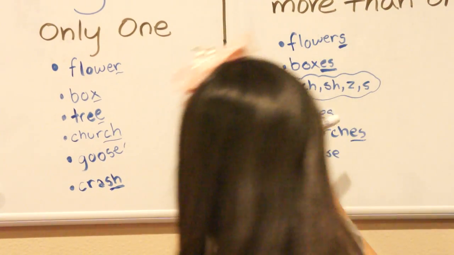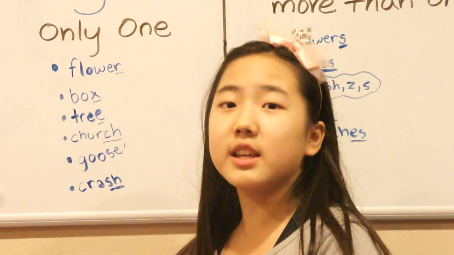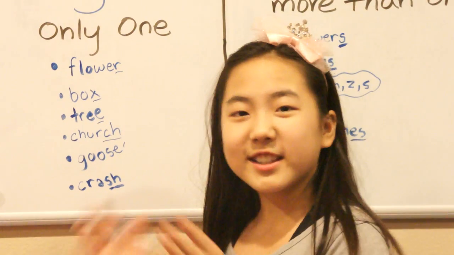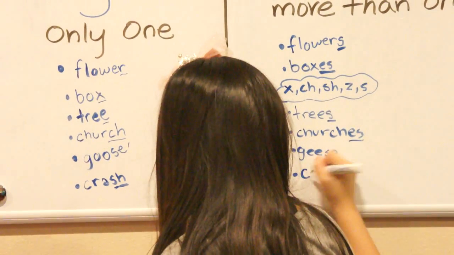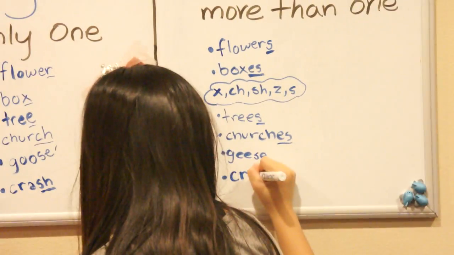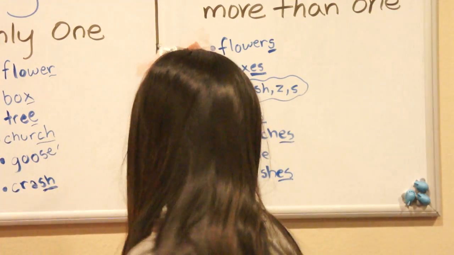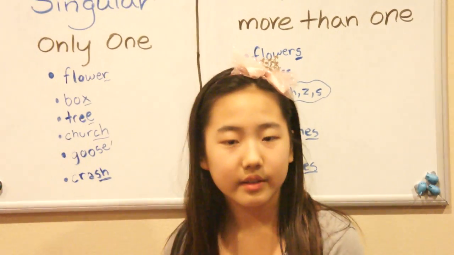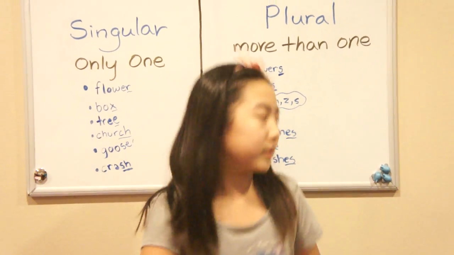So look at this list and tell me, S or ES? Good job! The answer was you have to add ES. So crash, as, crashes. So crashes is how you do it.